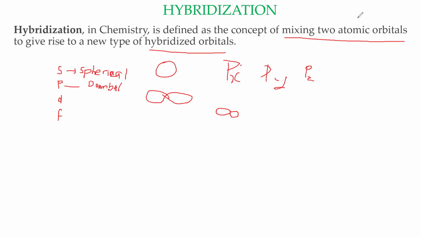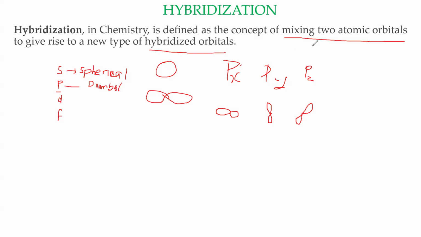Py is vertical. And then we have Pz, something like this. So these are the different types of orbitals. That is in terms of the split of p orbitals: Px, Py, and Pz.